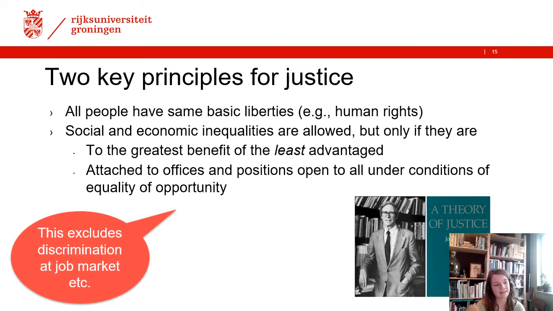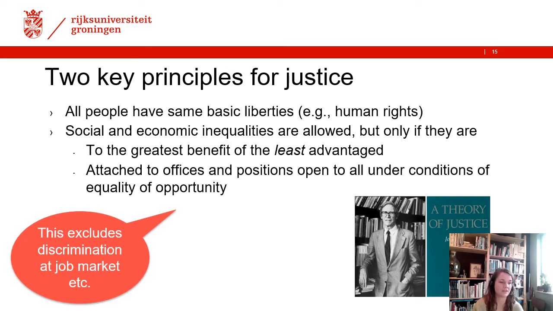So the least advantaged should be best off if you compare distributions, and they also should be attached to offices and positions open to all under the conditions of equality of opportunity, right? So this excludes discrimination at the job market, for example, right?